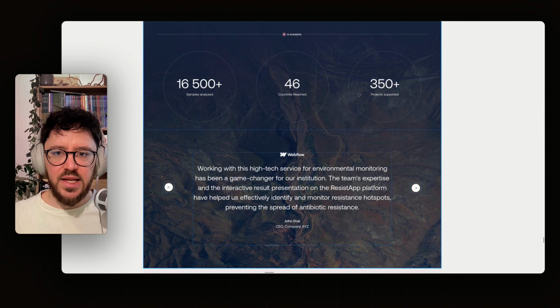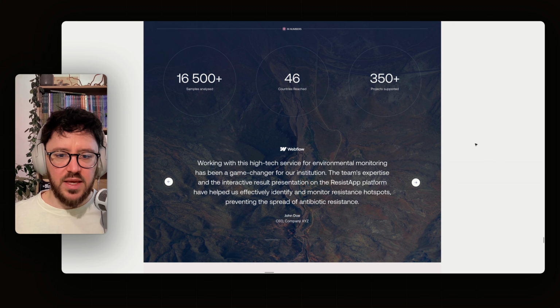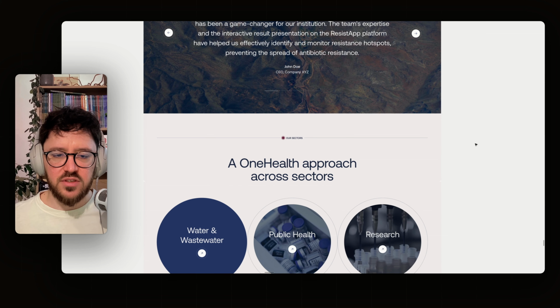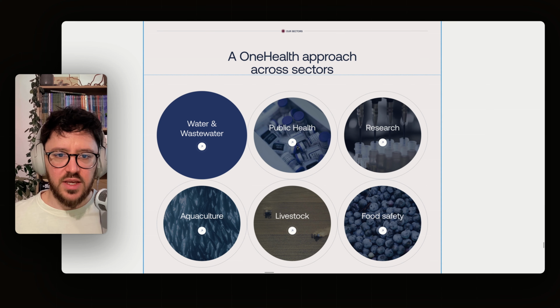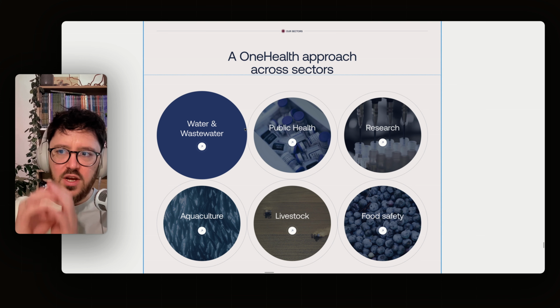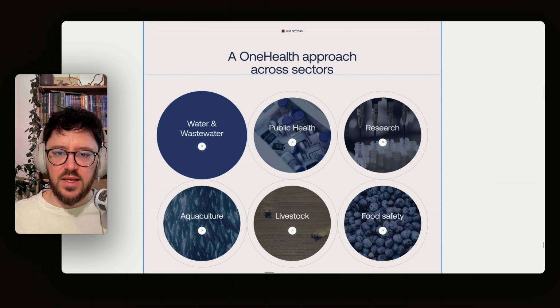And I think that really helps to tie the design together, and of course not make it so generic, and have some kind of identity and personality. Once again here, instead of having your standard feature section or cards, I decided to make them into circles, and when you hover, the circle expands.